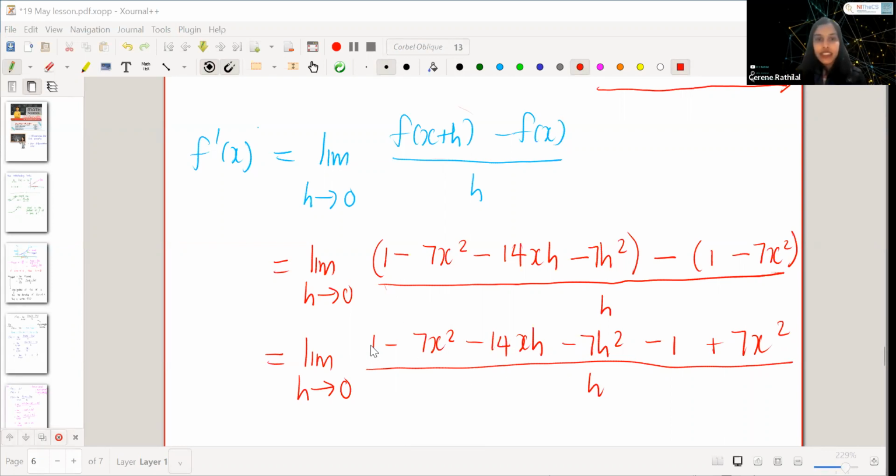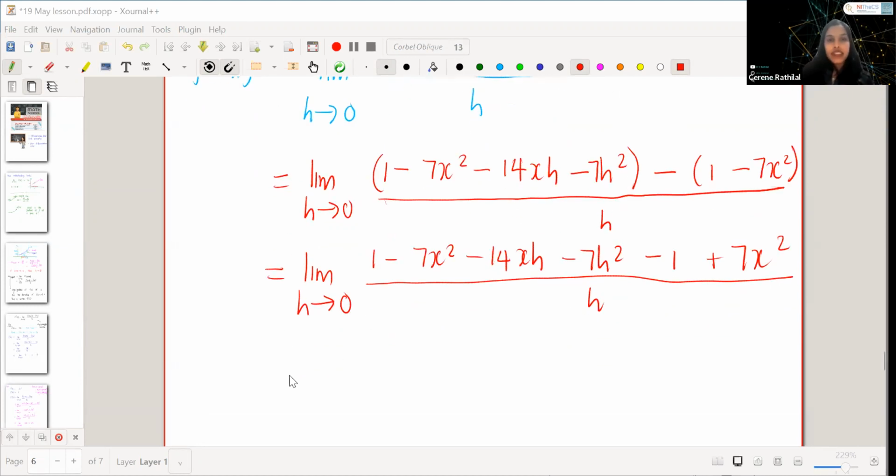And here we now see I've got 1 minus 1. And in the second term, it's negative 7x squared. But in the last term here, I've got positive 7x squared. So I've got that these terms are now being absorbed in the numerator.